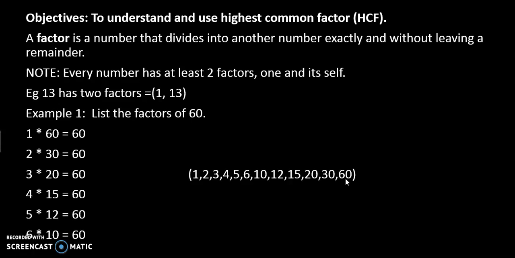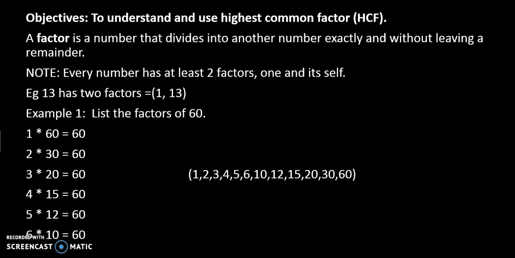So you realize that the 60 itself is a factor of itself. This is what we are saying. Two factors, 1 and itself. The number itself will always be a factor of itself. In this case, 60 is also a factor of 60.